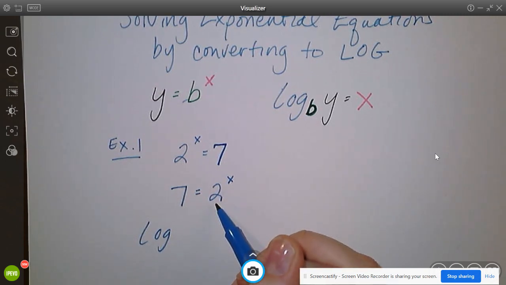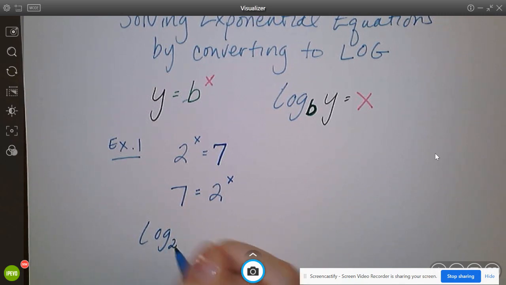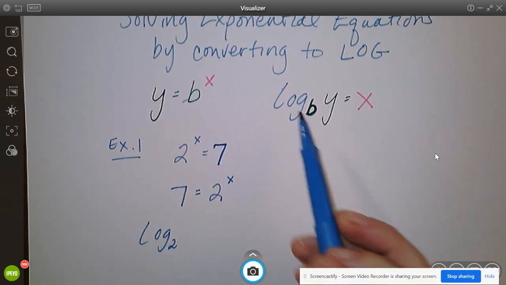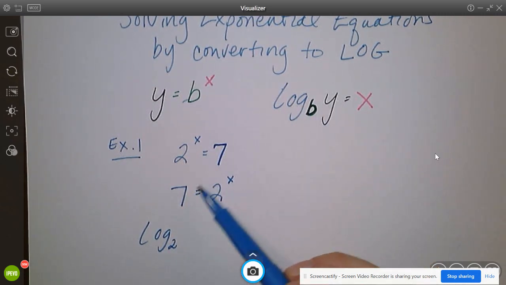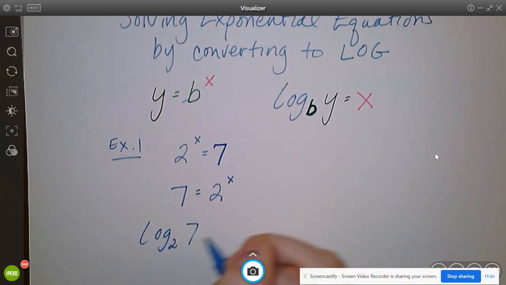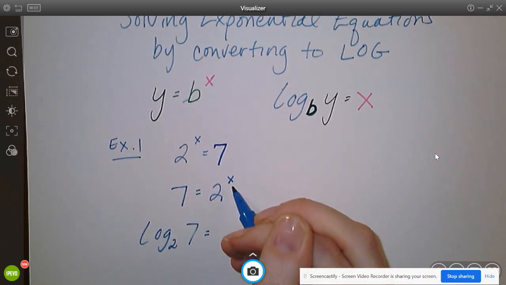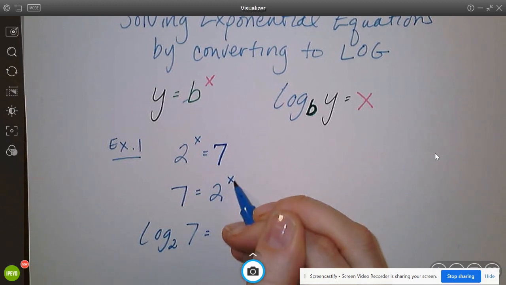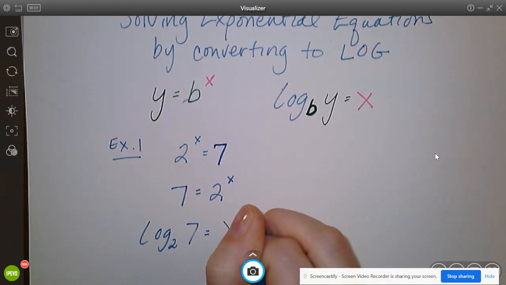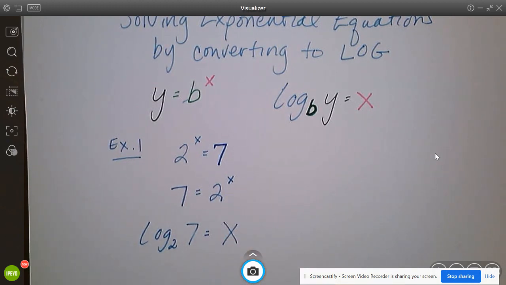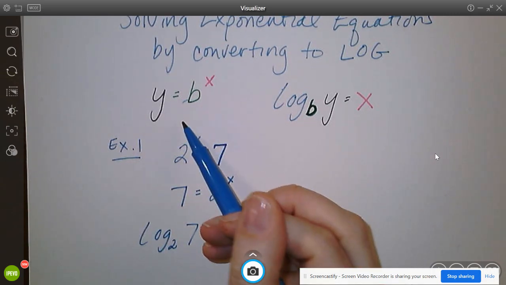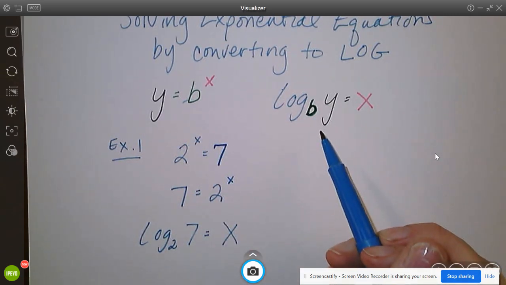Whatever my base was, and in this case it's a 2, becomes my little baby base. And I take the log of my y. My y was 7. And all of that equals what my x was. And my x is still just x here. Okay, so all you did was convert from exponential to log form.